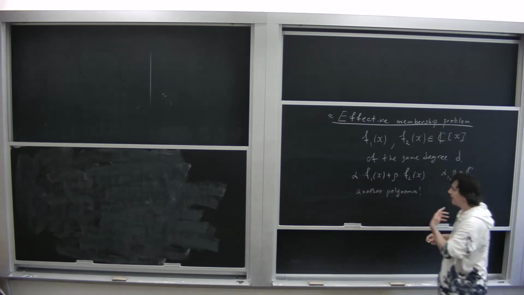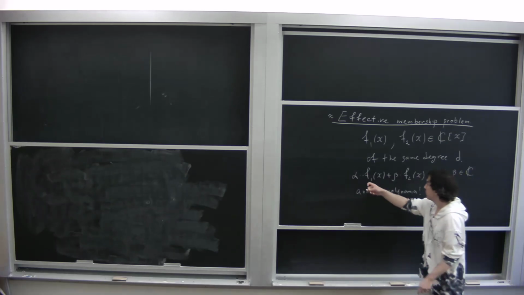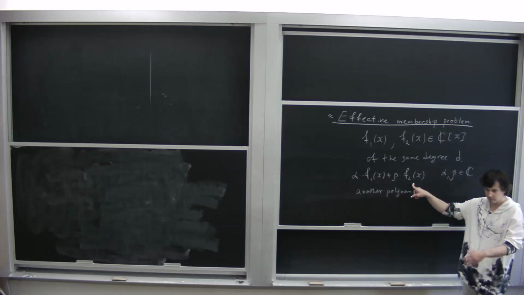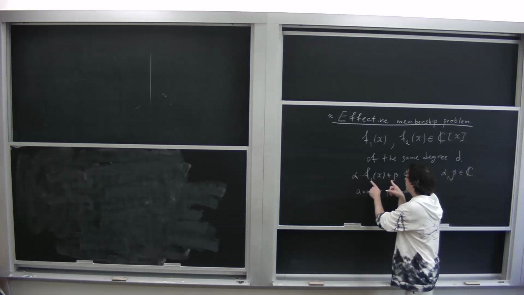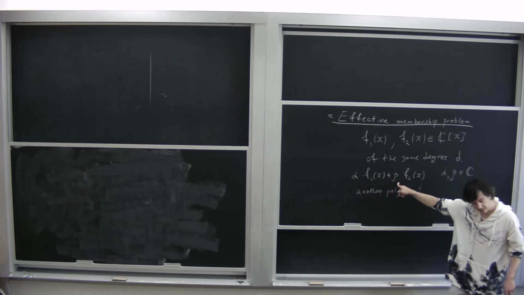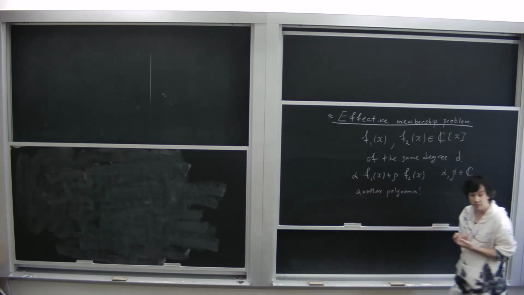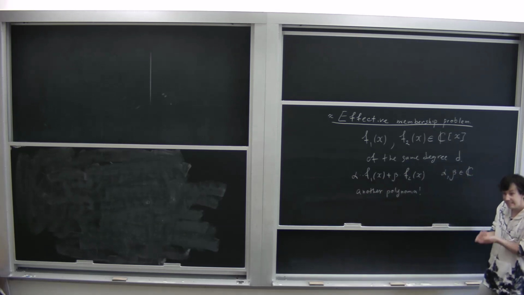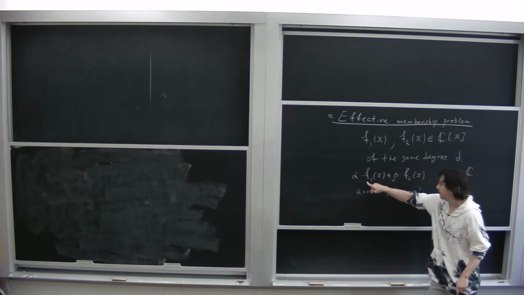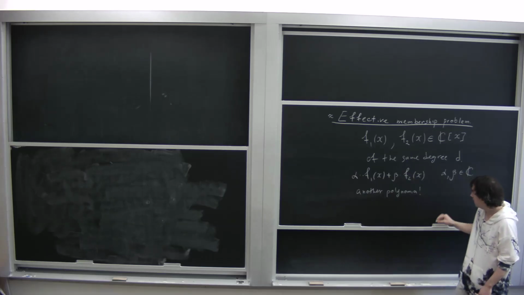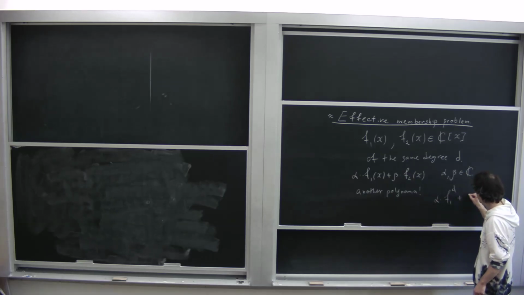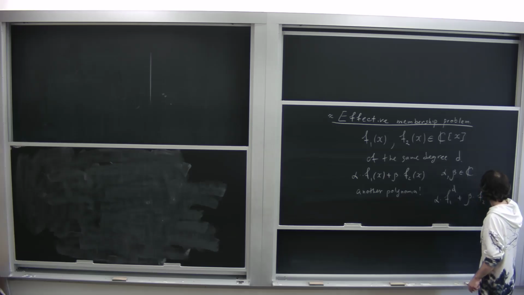We might be guessing that if the first polynomial is of degree d, and the second polynomial is of the same degree, then for a generic choice of alpha and beta, the linear combination is also going to be of degree d, because you can explicitly represent the highest term of this combination by the formula alpha f1d plus beta f2d.